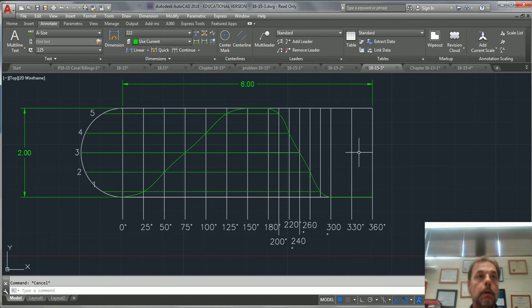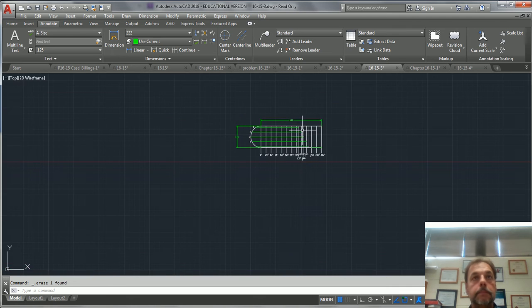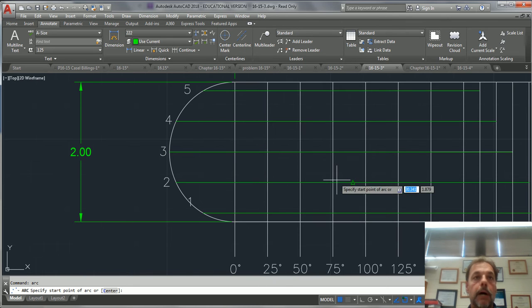You can also do, if you wanted to do a straight line and radius, you could do that too. Now I know where my endpoints are here. So if I want to do an arc, I always start out with an arc from here to here.